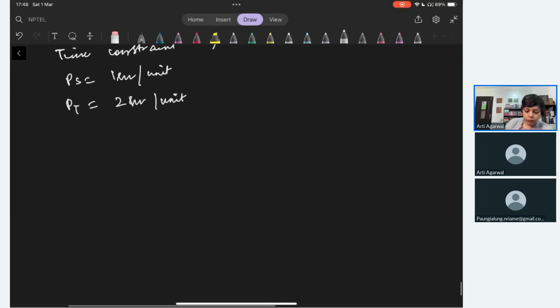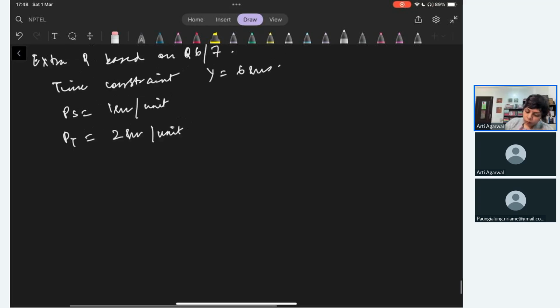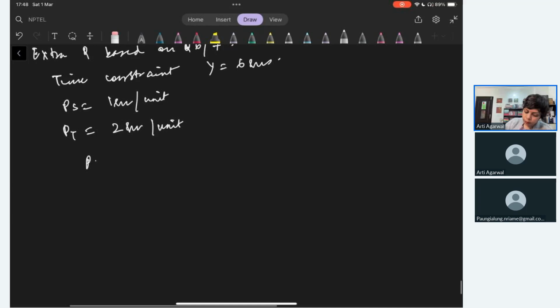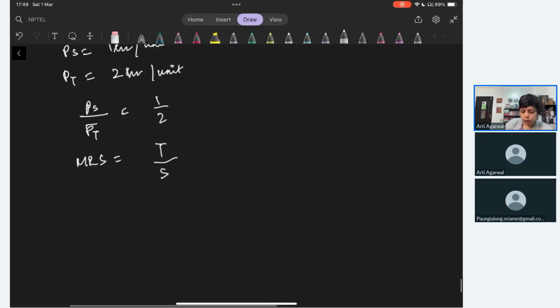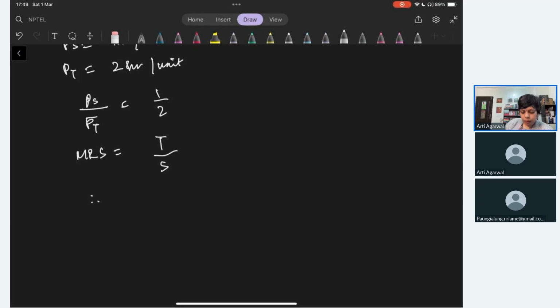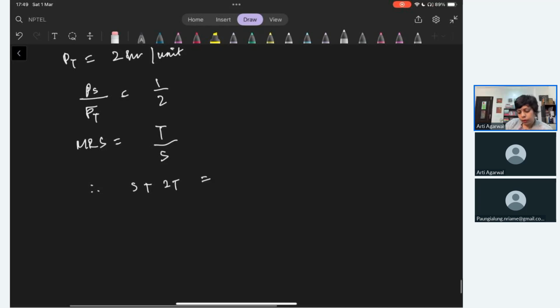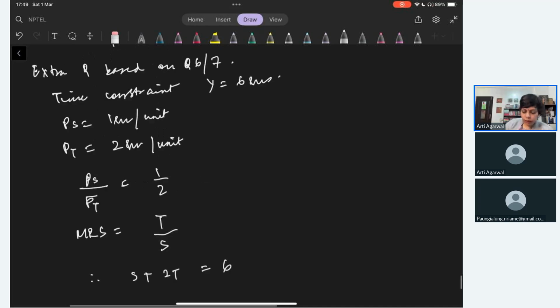Then Ps by Pt is equal to 1 by 2, and MRS is still T by S. The utility function is the same. Therefore, you plug in 1S plus the price 2T is equal to 6. 6 hours is the constraint, right?